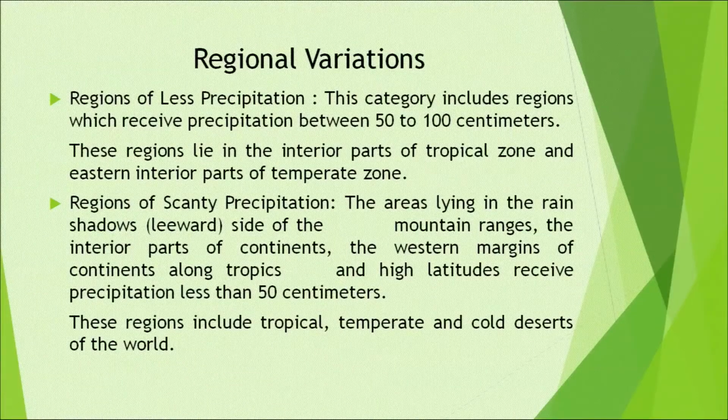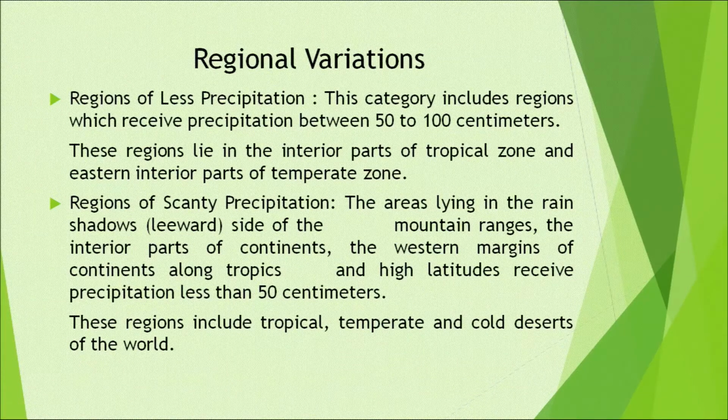Regions of less precipitation. This category includes regions which receive precipitation of 50 to 100 centimeters. These regions lie in the interior parts of the tropical zone and eastern interior parts of the temperate zone. Regions of scanty precipitation.